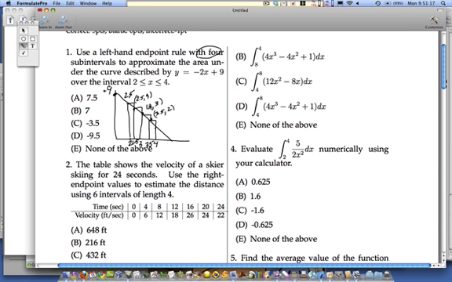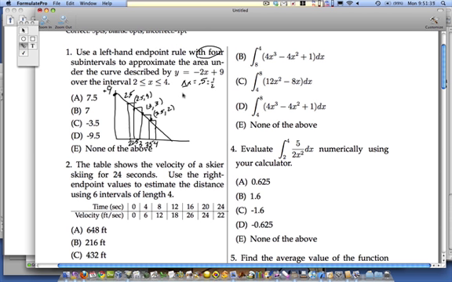Okay? Great. So now each of the interval widths is equal to 1/2. Let me make it a fraction. It'll be easier to work with. If each of the interval widths is 1/2, then the area of each of these rectangles is just the height of the rectangle times the width.